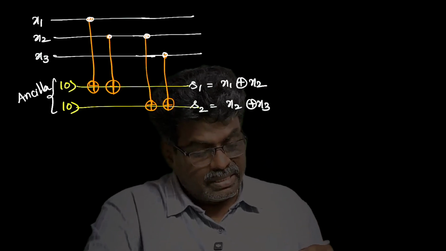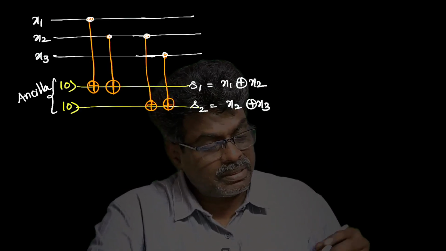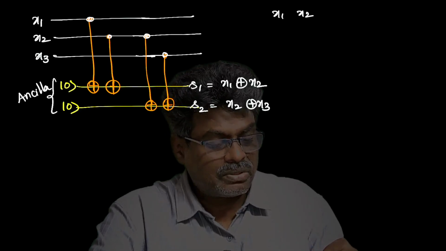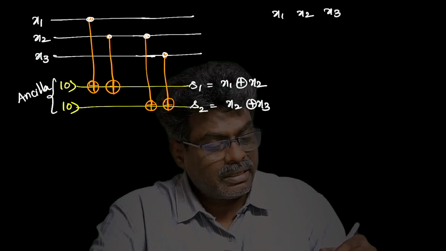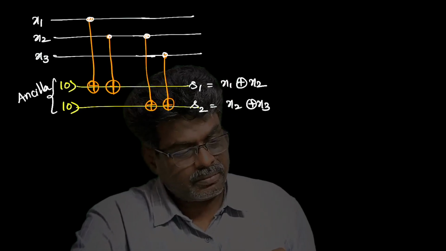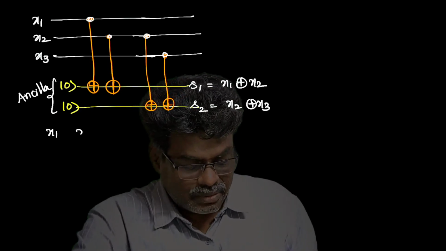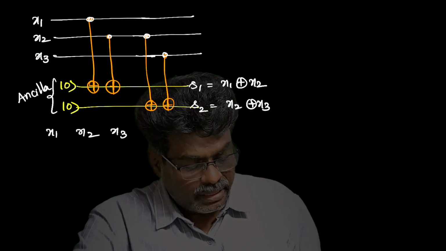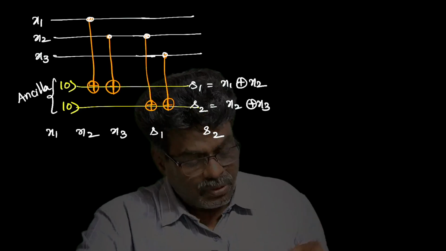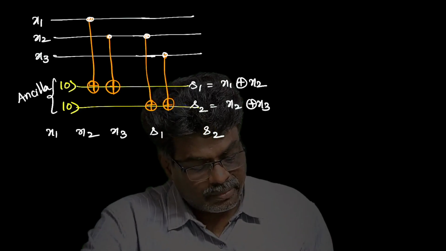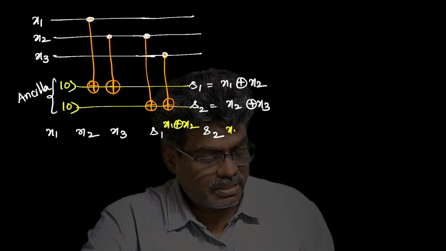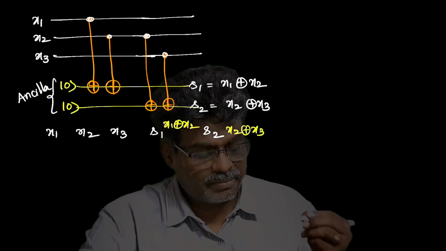I will consider it like this: let us take X1, X2, X3 here, and S1, S2. We know S1 is X1 XOR X2, and S2 is X2 XOR X3.